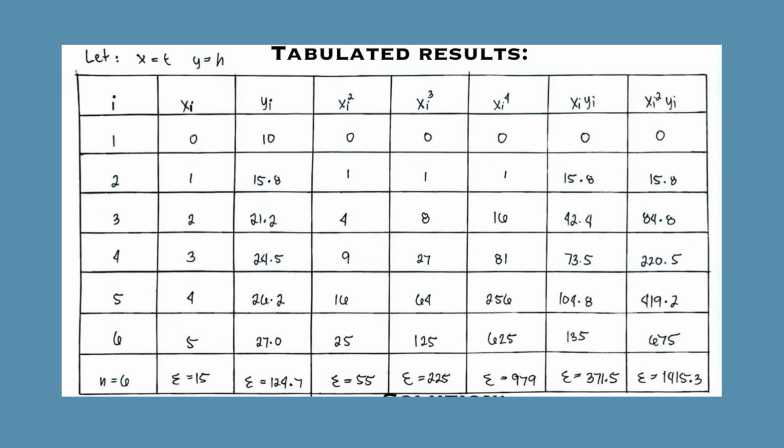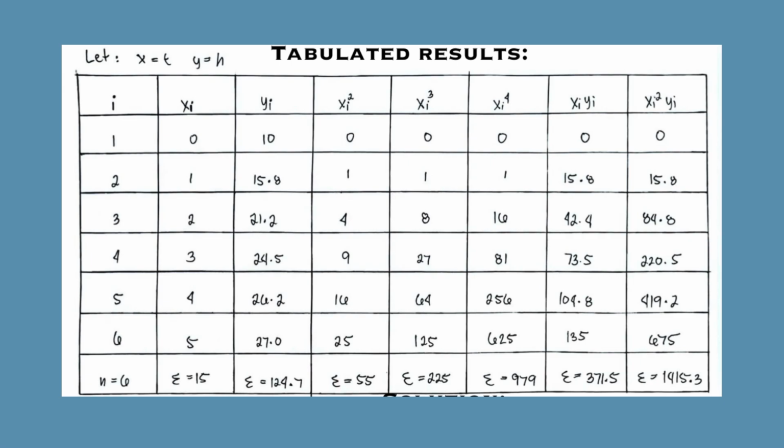And here we have x sub i and y sub i. The x here is our time t, so we have 0, 1, 2, 3, 4, 5, where the summation of x sub i is equal to 15.